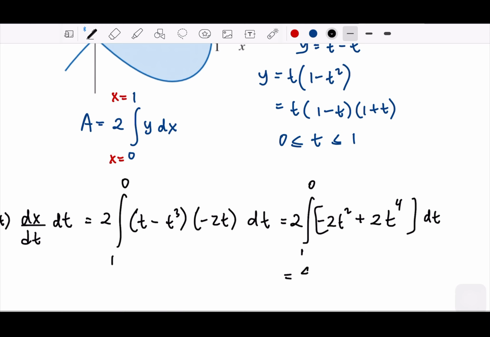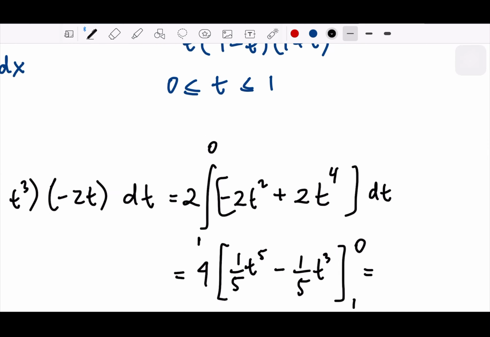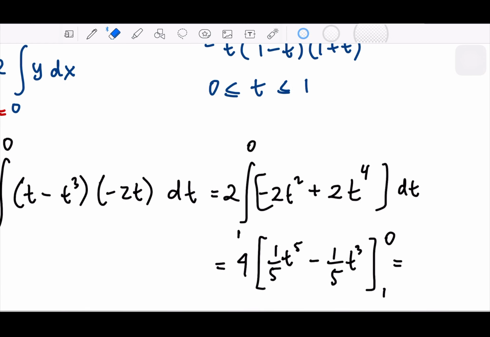So this will be, and then the inside will be 1 over 5 t to the power of 5 negative 1 over 5 t cubed, from 0 to 1, from 1 to 0. So this should be 3, right?